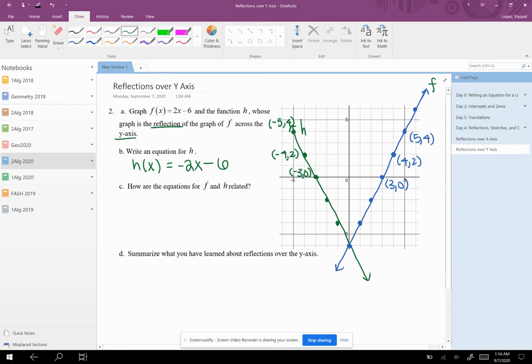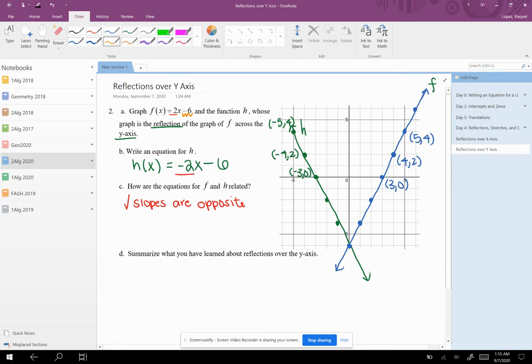So how are the equations for f and h related? Well, one thing we can say is that we can look at the slopes again. So I've got a slope of -2 for h of x and a slope of 2 for f of x, and we can say the slopes are opposite. Okay.